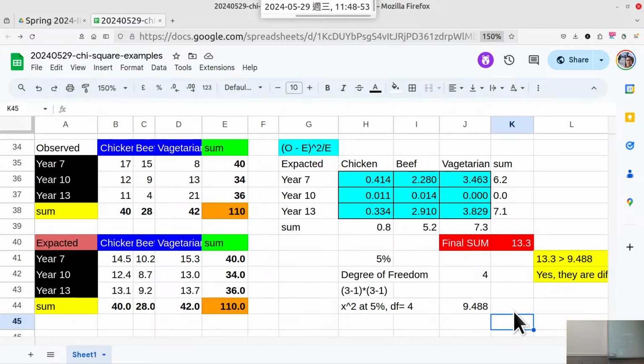The value of this cell is O minus E squared, then divided by E. Here, O is here. Minus E is here. Expectation is here. 17 minus 14.5, and square of it, divided by this one. E is this cell.